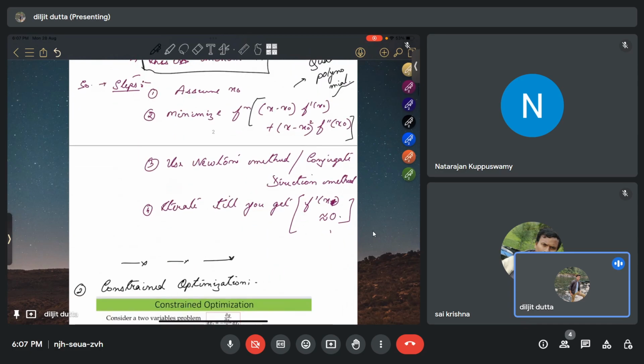So we'll proceed with the iteration, and we will iterate till we get f dash of x star very near to 0. We won't get exactly 0 because it is difficult to get that using numerical methods.